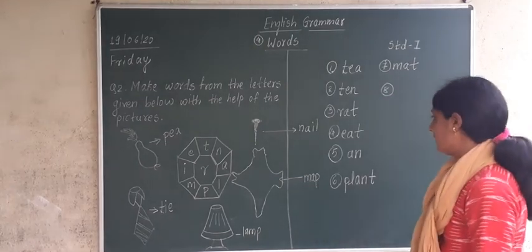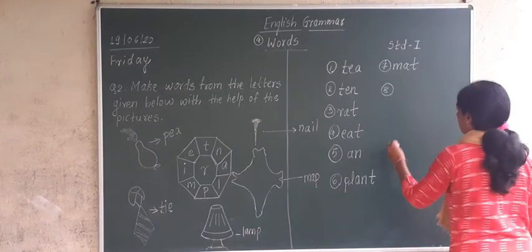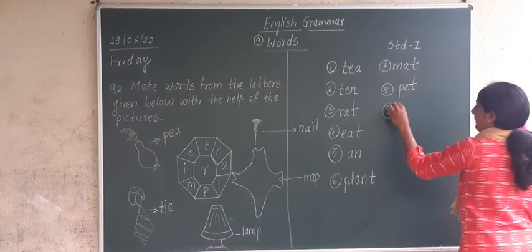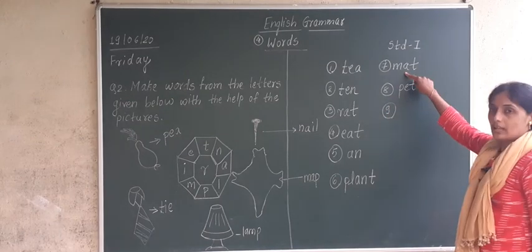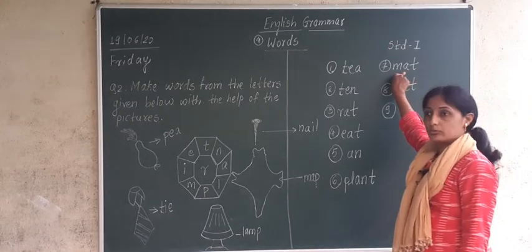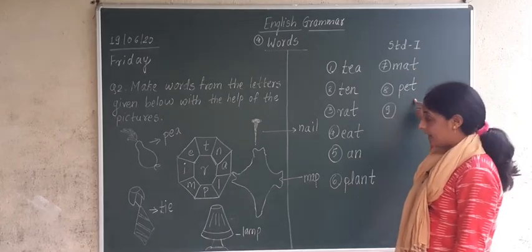Next, P-E-T, pet. Pet means what? Mat means what? There is a mat to sit on at your house, correct or not? You call it chatai. Then P-E-T, pet. There are pet animals at your house.